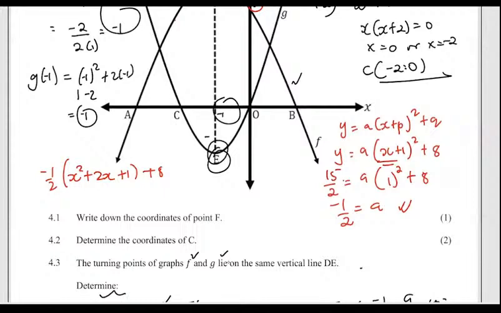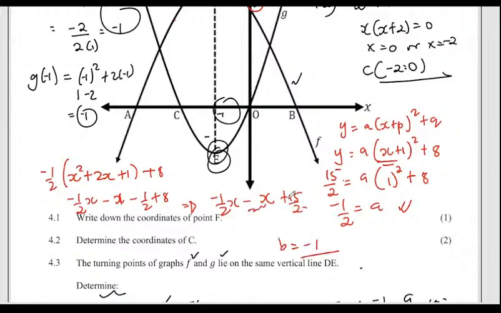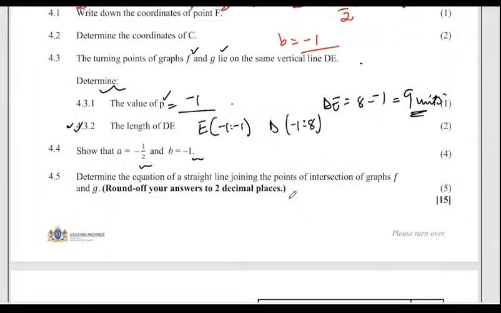Open this up further, it's negative 1/2 of x squared, then negative 1/2 times 2x is negative x, and negative 1/2 plus 8, which is 16 minus 1 over 2, is 15 over 2. Meaning we have negative 1/2 of x squared minus x plus 15 over 2. So we can see that b is automatically negative 1. So that is how we would have approached that question.